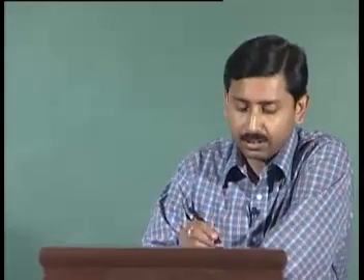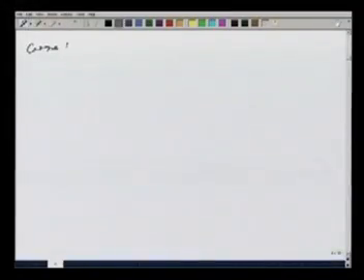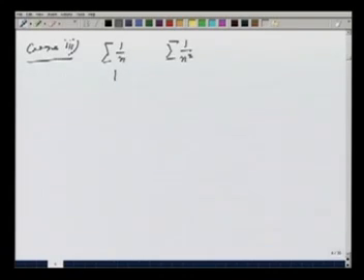That is easy to see in the following example. So first to illustrate 3. So case 3. Look at the series summation 1 by n. Also look at the series summation 1 by n square. I know that this does not converge. And I know that this converges.